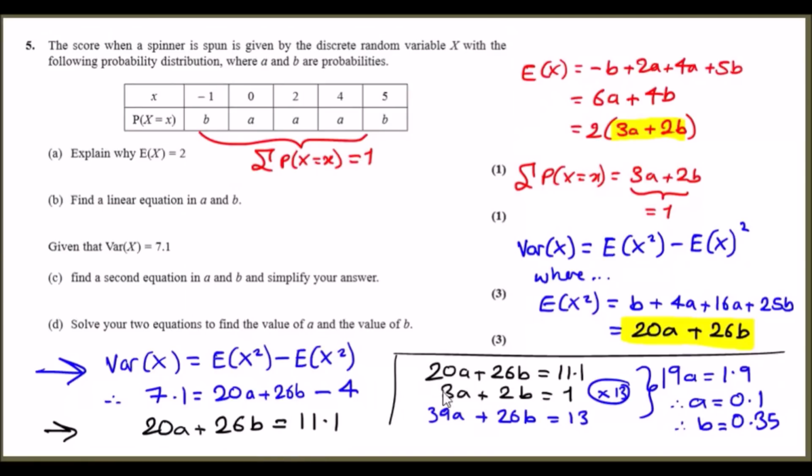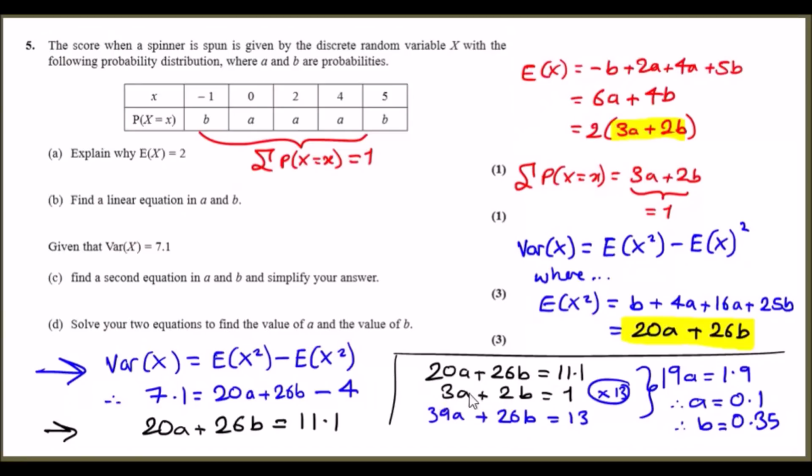Now, to solve this, you'll notice that you have 2 equations. You've got this one here, and you've got the probability equation we did earlier on, which is equal to 1. So I just line them up in a linear way, and then choose your method, substitution or elimination. Because it's linear equations, it's just easier to eliminate. So I multiplied the probability equation by 13, so then the B's match up, so you get 26B.